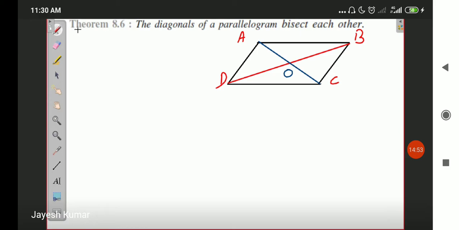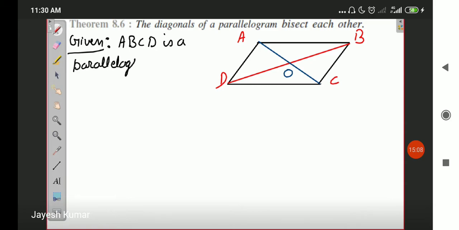So what is given to us? Given to us is that ABCD is a parallelogram. That is what is given to us.